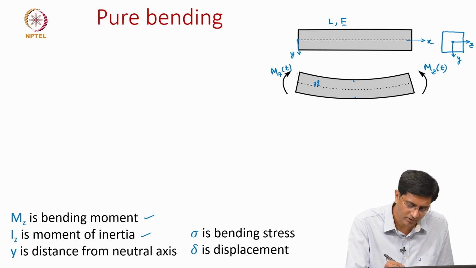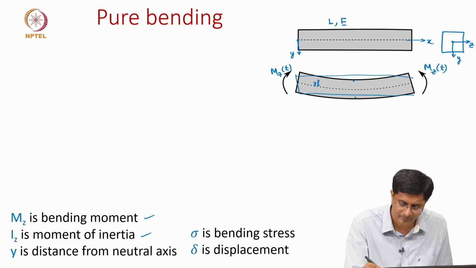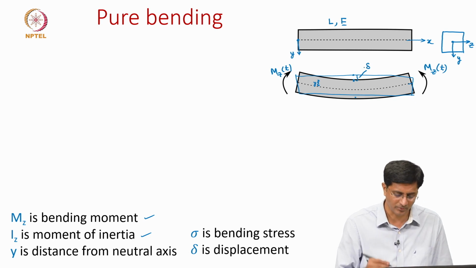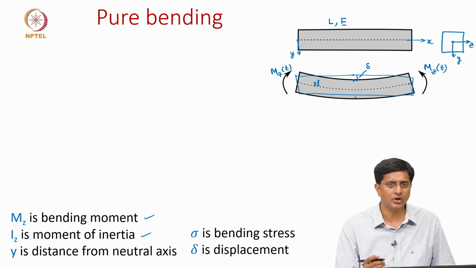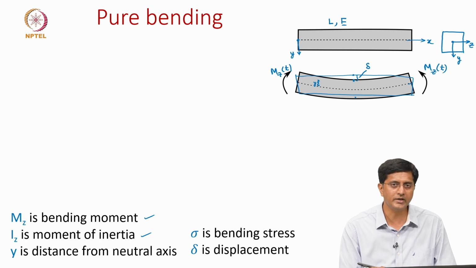From the undeformed to the deformed configuration, if we focus on the top end of the beam at the midpoint, this distance is the deflection we are talking about, delta.